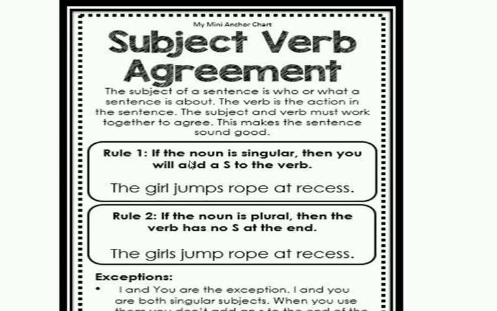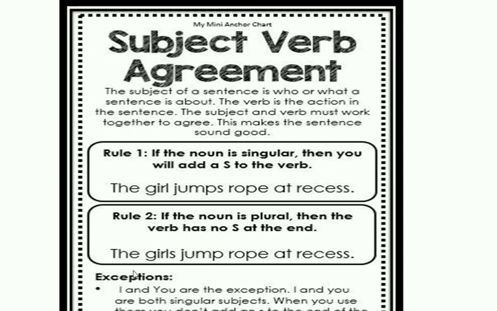So, first rule is when the subject is singular, we have to add s to the verb. If the subject is plural, we should not write s. That means we should not add s to the verb.